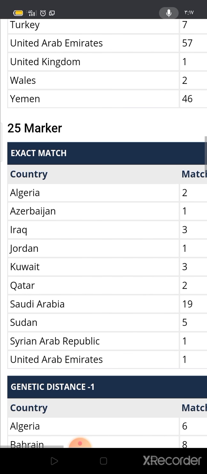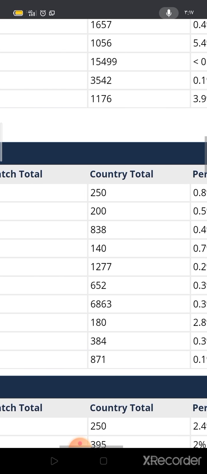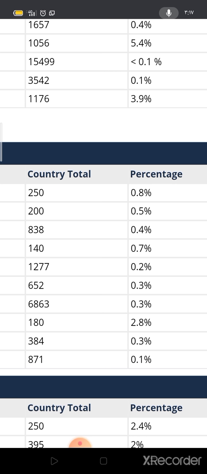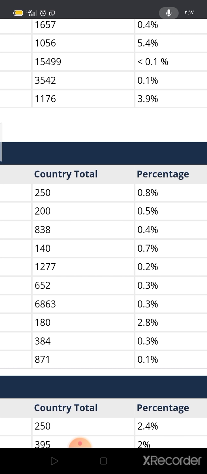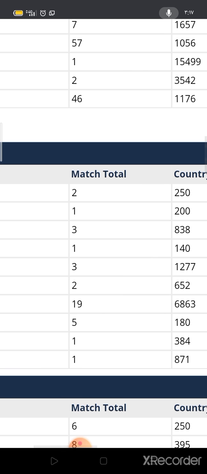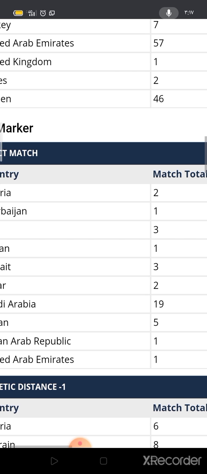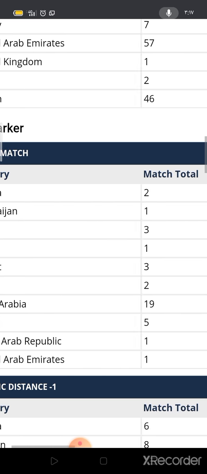Now this is 25 markers. I can see the percentage here. The biggest here is 0.8. No, I have 2.8 here. 2.8% from 180 people who did the test. I have 5 matches of them in Sudan, my country.